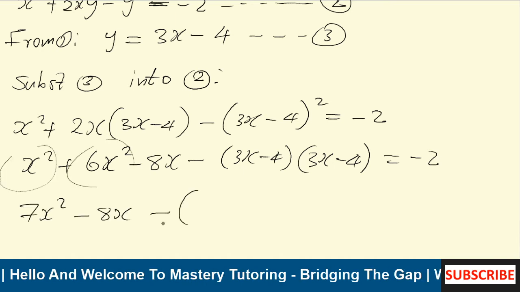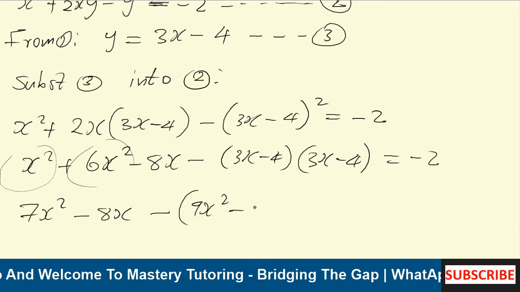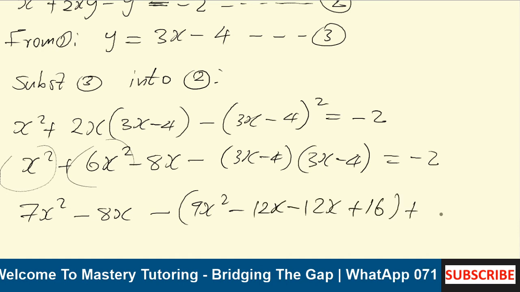I'm going to FOIL this. It's going to give me 9x squared. I'm going to take the 2 back to the left hand side. It's going to become positive.